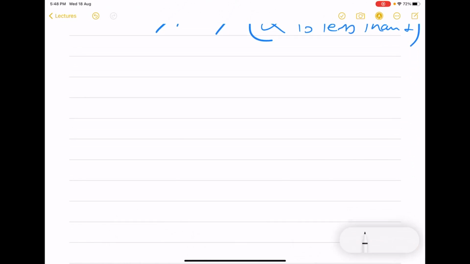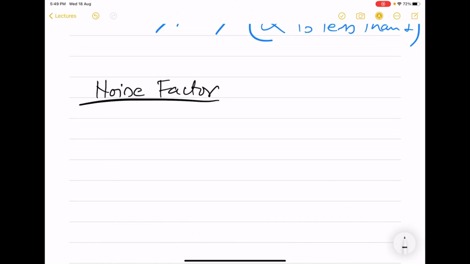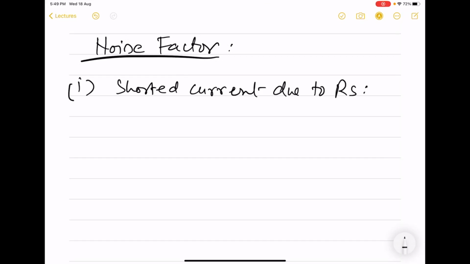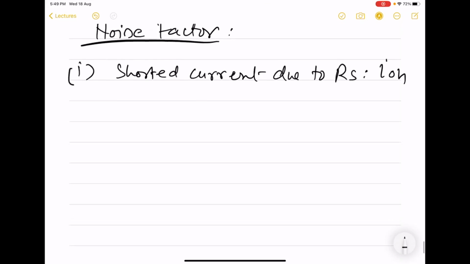Now let us find out the noise factor. First is the shorted output current due to RS, which is ION.